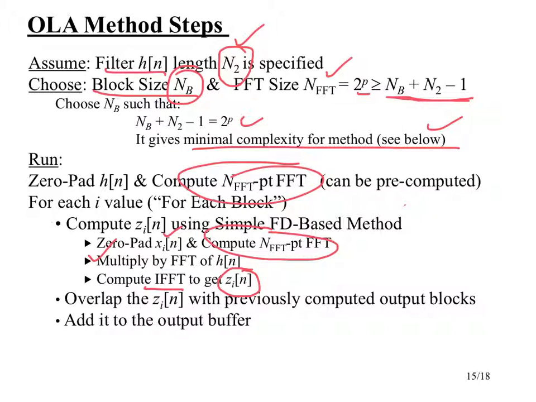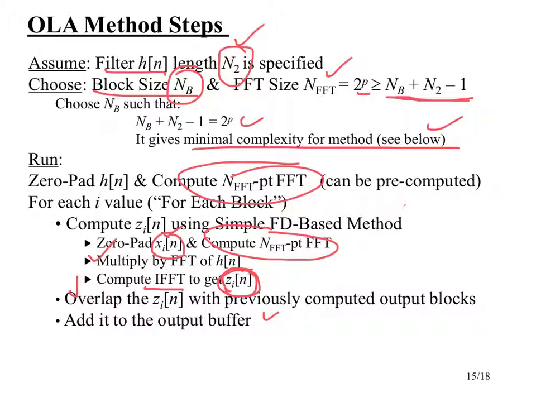I appropriately overlap that with the previously computed output block. In other words, I just take the first sample of this and line it up with the first sample in my input block. I just add it to my output buffer. Now that output buffer may already include the hangers-on from the previously computed block.